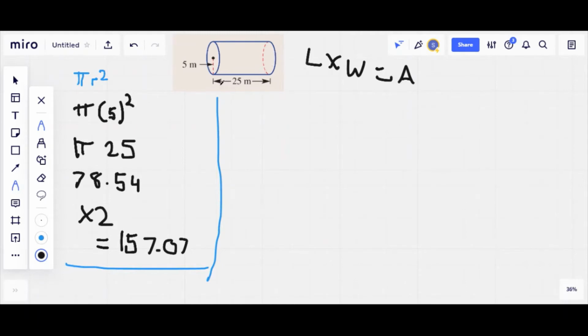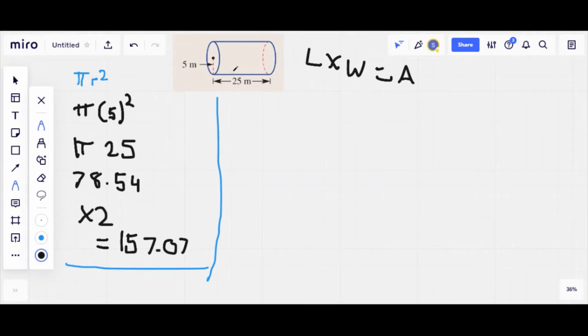From here, we can see our length is 25. We could write that in now, but we don't yet know what our width is. Our length is 25, but our width, it doesn't tell us, so we need to find that.